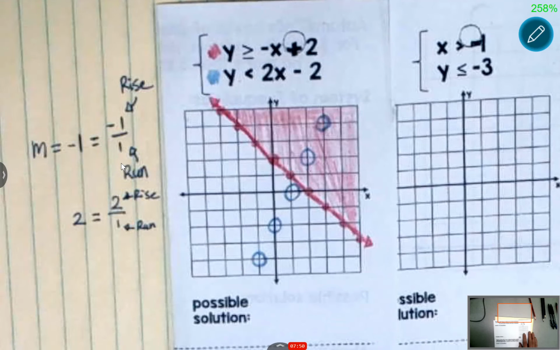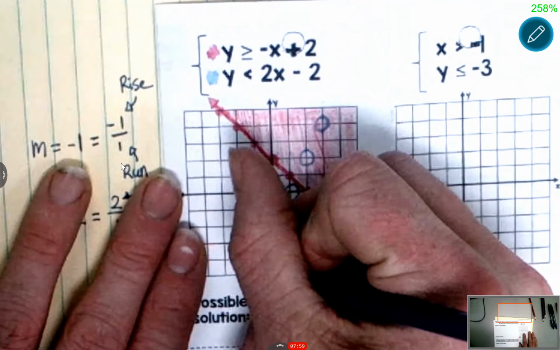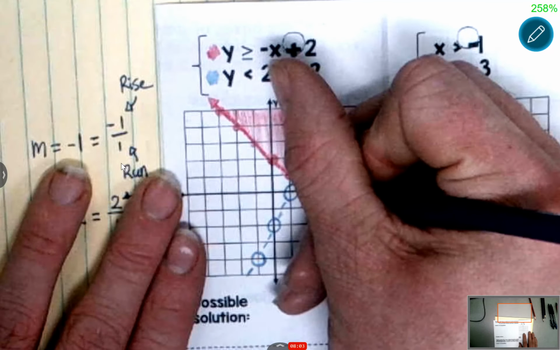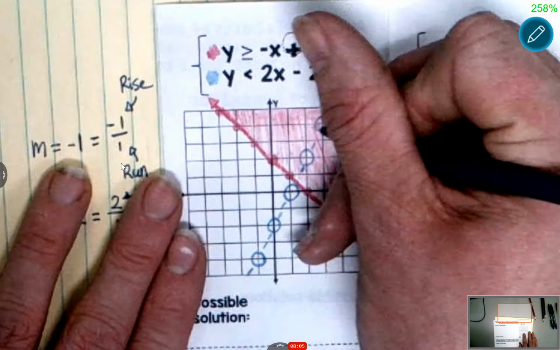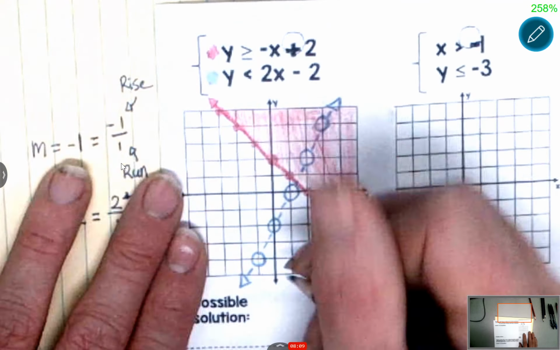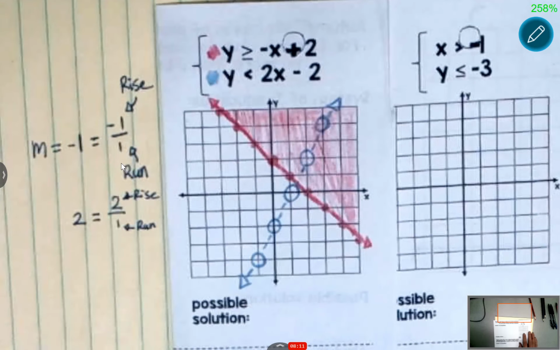And now, raise your hand if you can tell me, will this line be dashed or solid? Go with Kiana. It is going to be dashed. And then raise your hand if you can tell me, after we dash the line, will I shade the region that is above or will I shade the region that is below? Below. It is below.